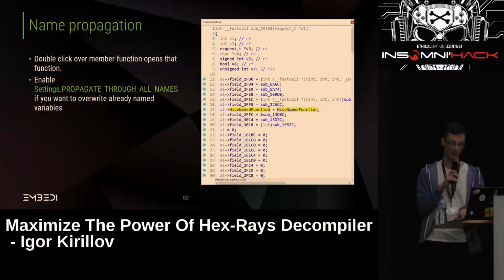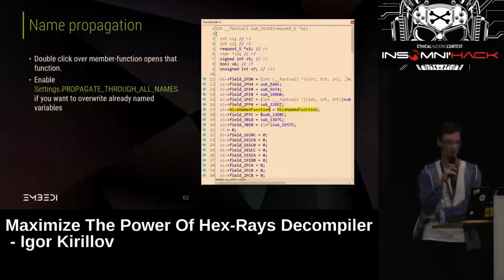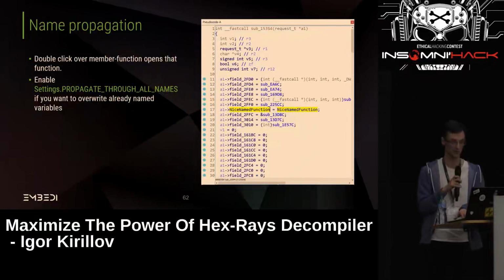By the way, if we have a member with some name and there is a function in IDA with the same name, with my plugin it is possible to navigate to that function by double-click. And by default, the plugin propagates names only over default names, but there is a setting that allows us to rewrite the already modified ones.